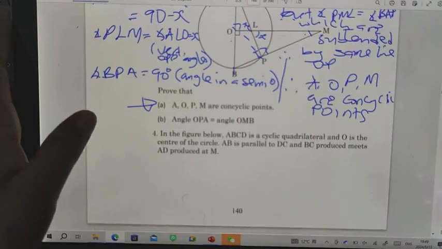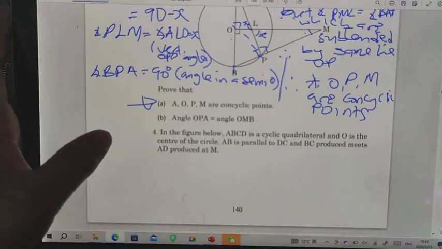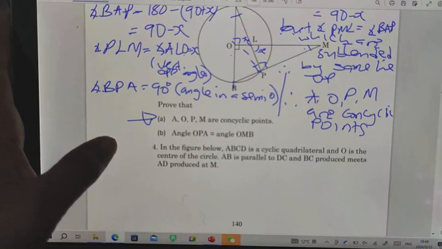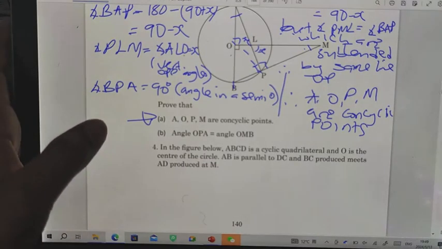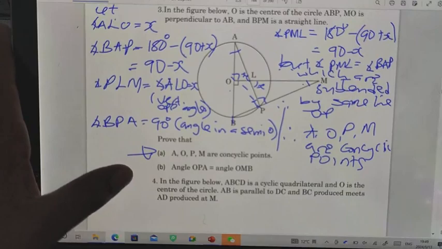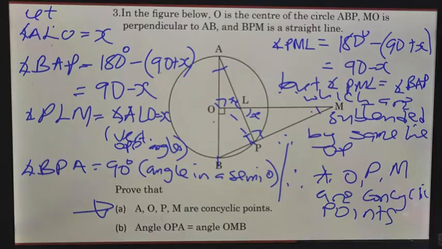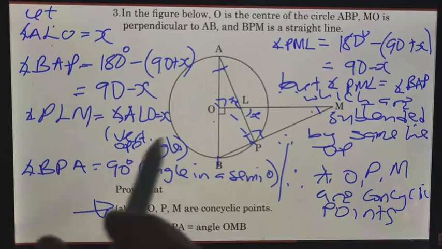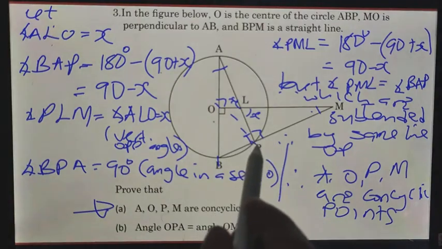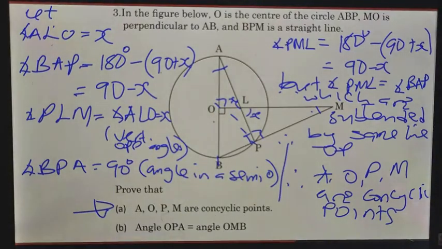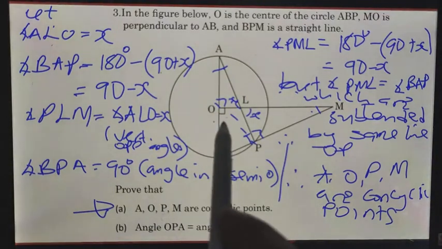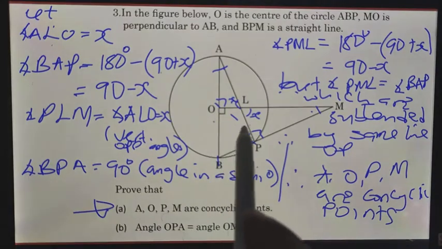And let's look at part B. Now we have part B that's saying angle OPA is equal to angle OMB. We need to prove that OPA is equal to OMB.